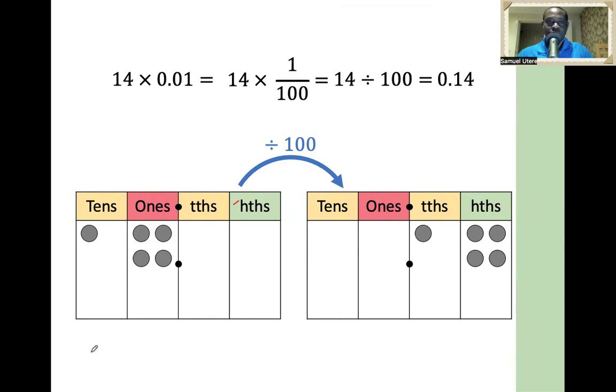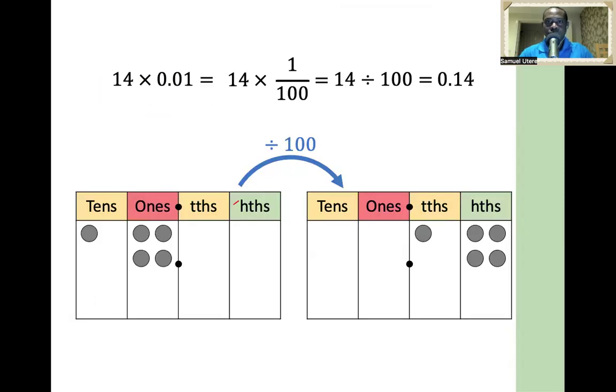Let's move that. And that gives you 0.14. Okay? Another way of thinking about it, remember what we learned? We're dividing by 100, so it's the same thing as if we're doing this. Remember we said there's always an invisible decimal point in front of a number.